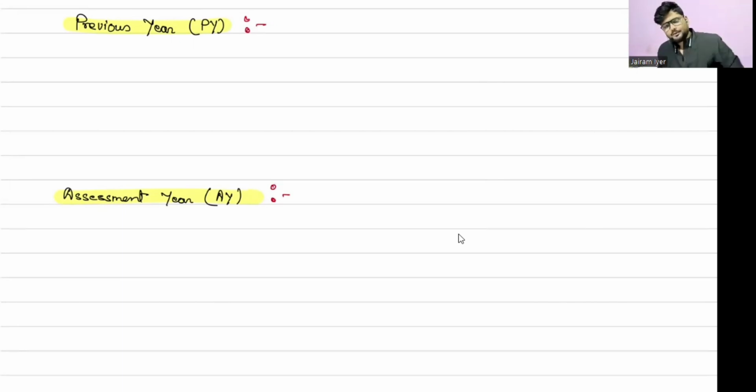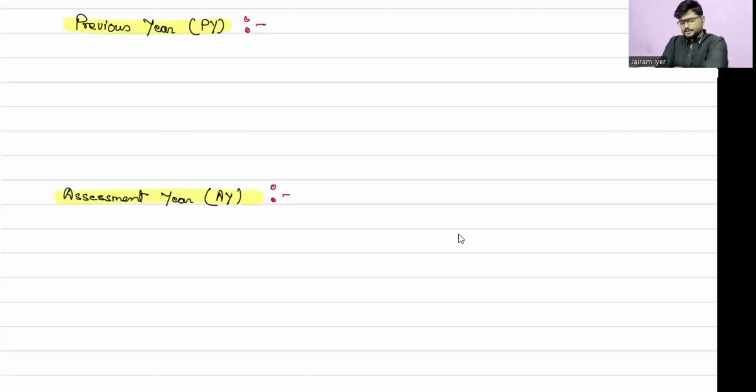If I start with layman language, suppose, for example, Sanjana is working, so she has some salary income. Let's take the example on her.